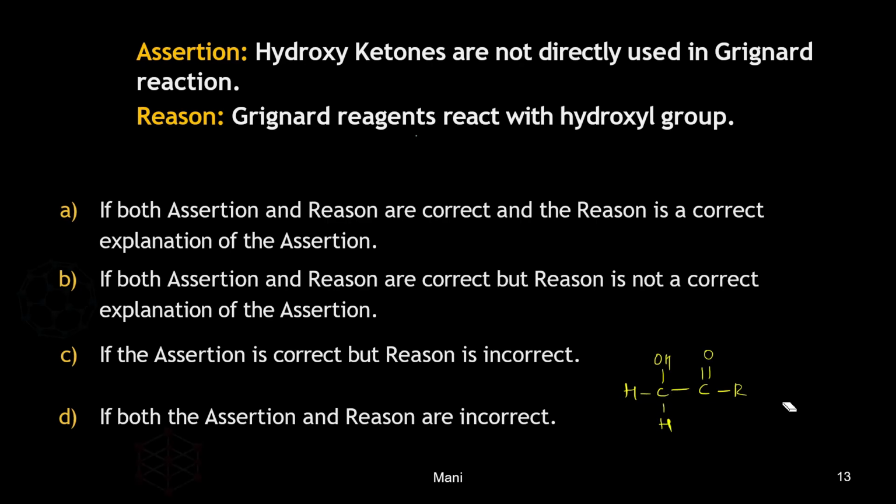When you take compounds like this and treat directly with the Grignard reagent, what happens is, whatever the OH is there, we call this OH an acidic proton, because this OH will turn out to be O minus H plus. It will donate the proton. So that's why it is called the acidic proton. So what happens here, this hydroxy group will be attacked by the Grignard reagent.